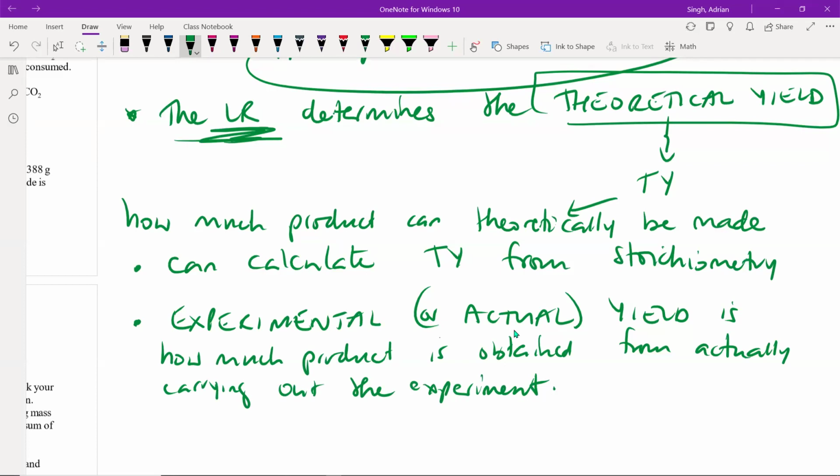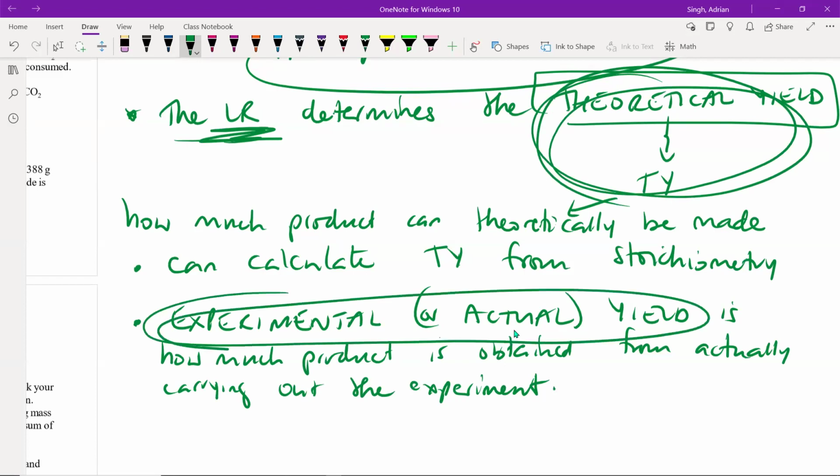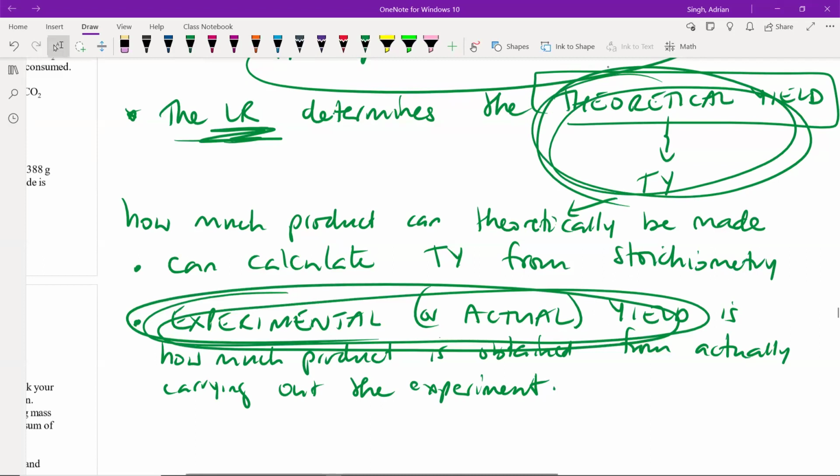Okay, so we have 2 types of yields. Theoretical yield we get from the limiting reactant from doing the stoichiometry. We have experimental or actual yield we get from doing the experiment and measuring the amount of product that we get. And we can compare those 2 values.